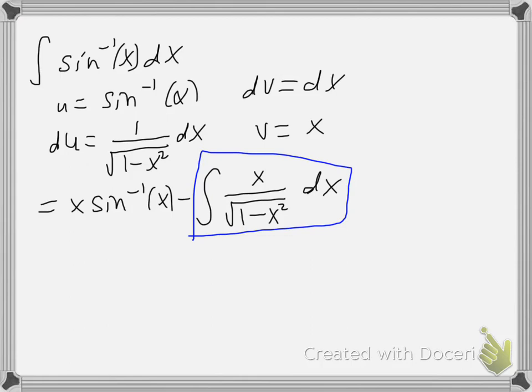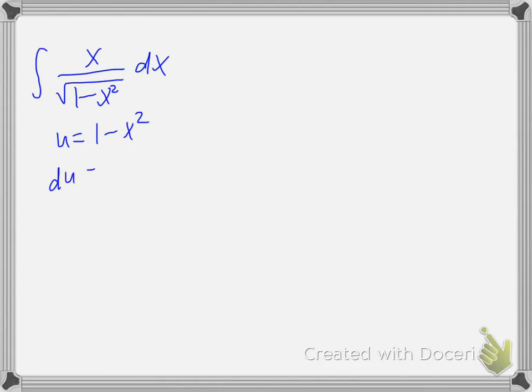Okay, let's do some work on this side. So let me go to a next slide and then we'll come back. So let me rewrite the problem. We have the integral of x over the square root of 1 minus x squared dx. So if we use u substitution, so let's say u is equal to 1 minus x squared, du is simply going to be equal to negative 2x dx, or simply negative a half du is going to be equal to x dx.